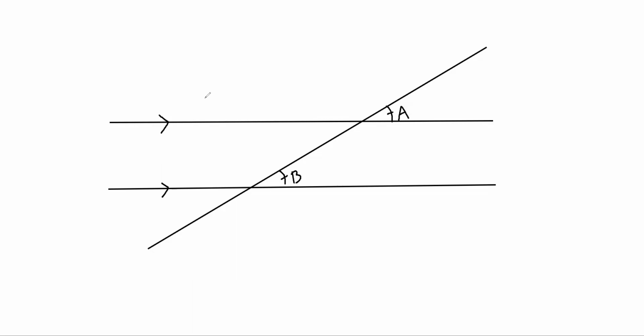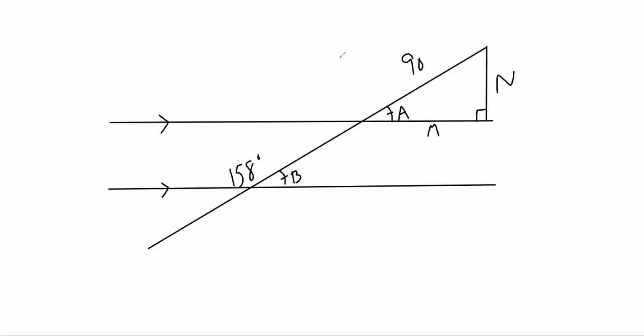Let me just fill in my need to knows here. There's my right angle. This is 90. This is N. This is M. And they tell me that this is 158 degrees.